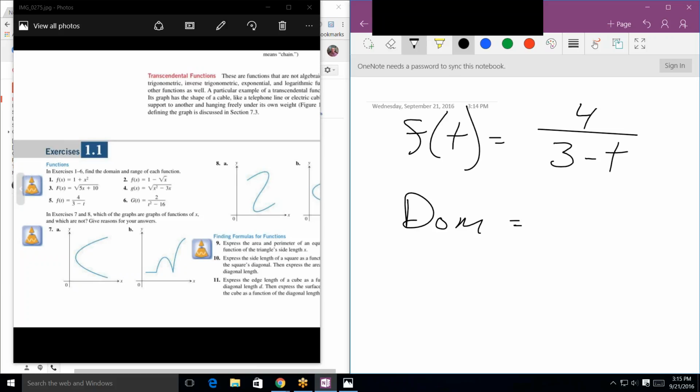Well, usually when you're talking domain, most numbers work, okay? So what you really want to see is what can t not be equal to? Well, in this particular function, t can be almost anything except one number.